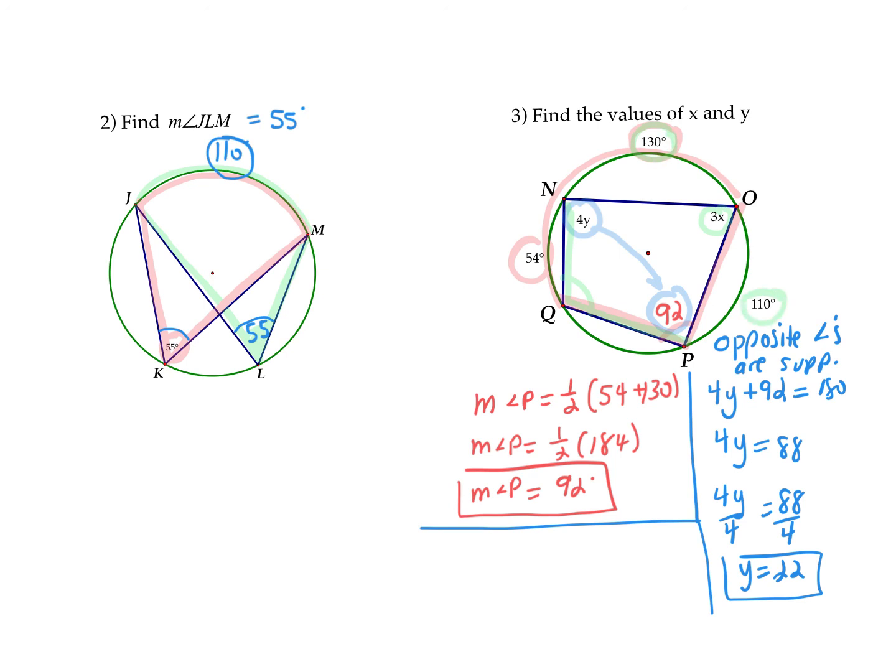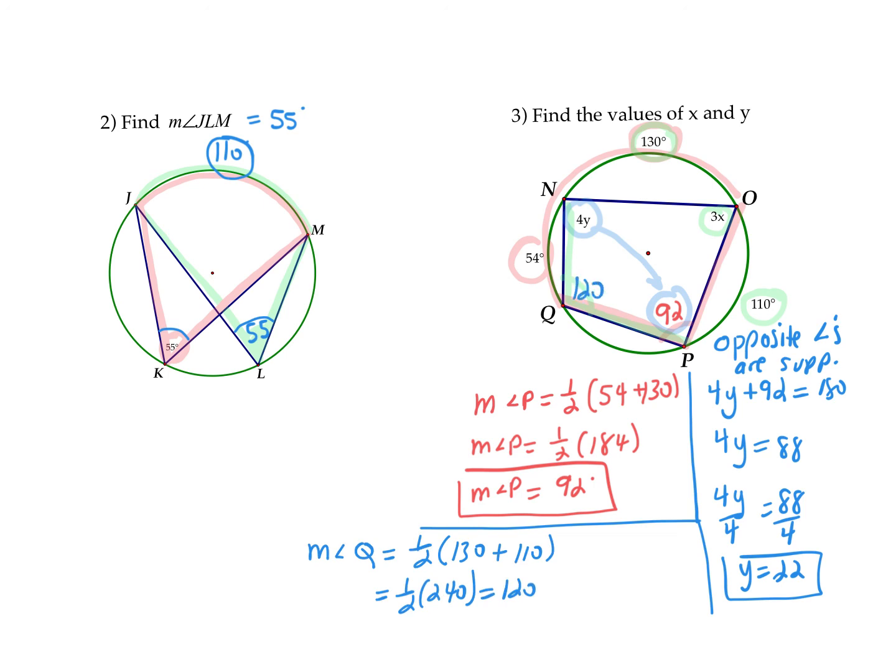So we'll say the measure of angle Q is equal to 1/2 of 130 plus 110, which would be 1/2 of 240, which is 120 degrees.